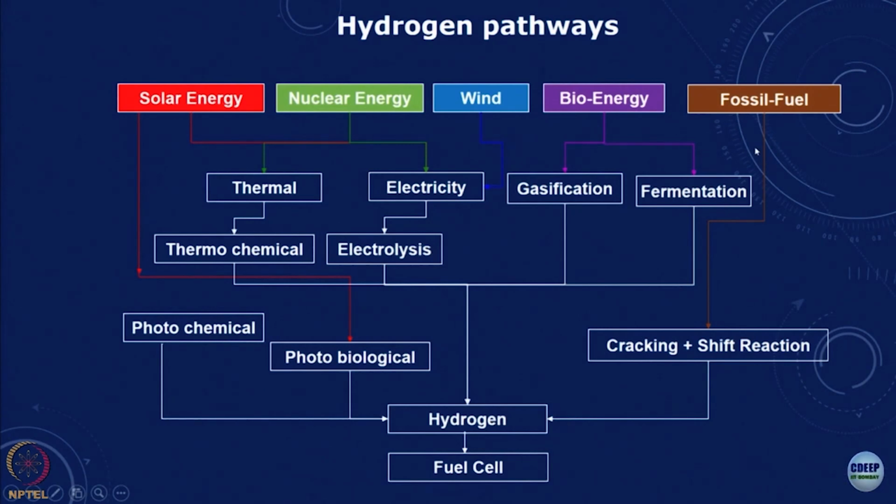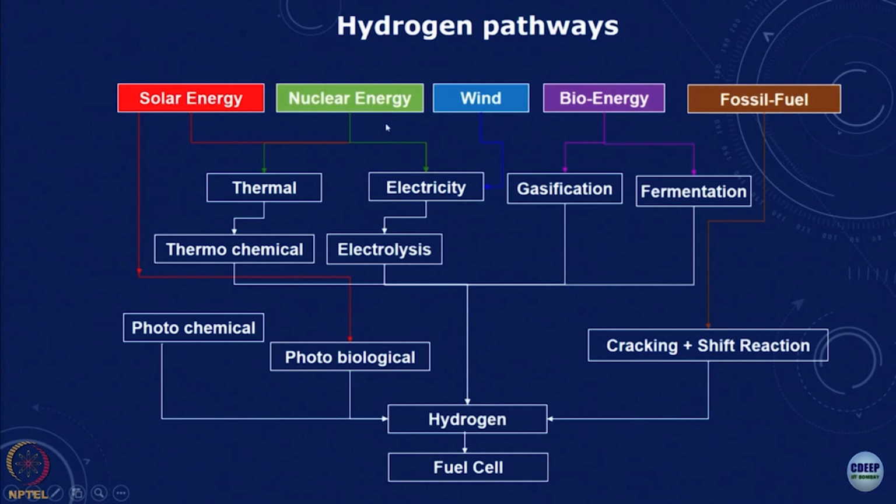So when we think in terms of a pathway to have hydrogen, we can have hydrogen from a variety of different sources. We can start with fossil, and then we can do cracking and the shift reaction and then get hydrogen. And the steam methane reforming is the largest chunk of hydrogen production. Today it constitutes more than 90% of the hydrogen produced in the world.